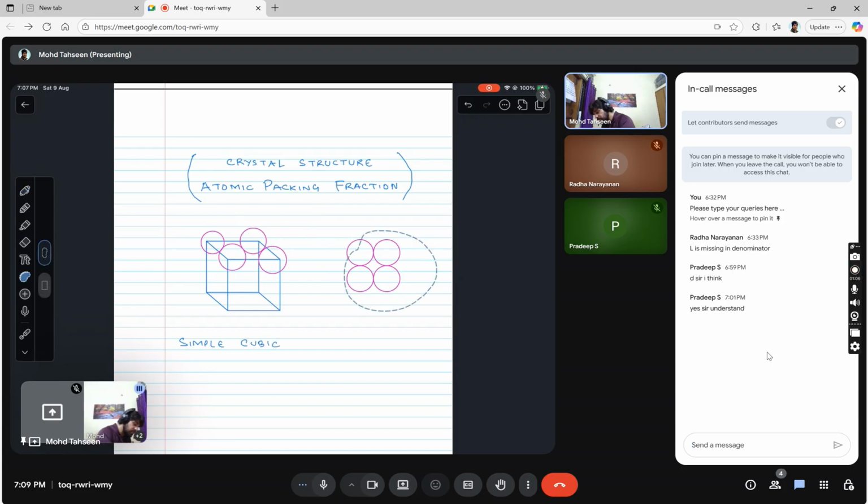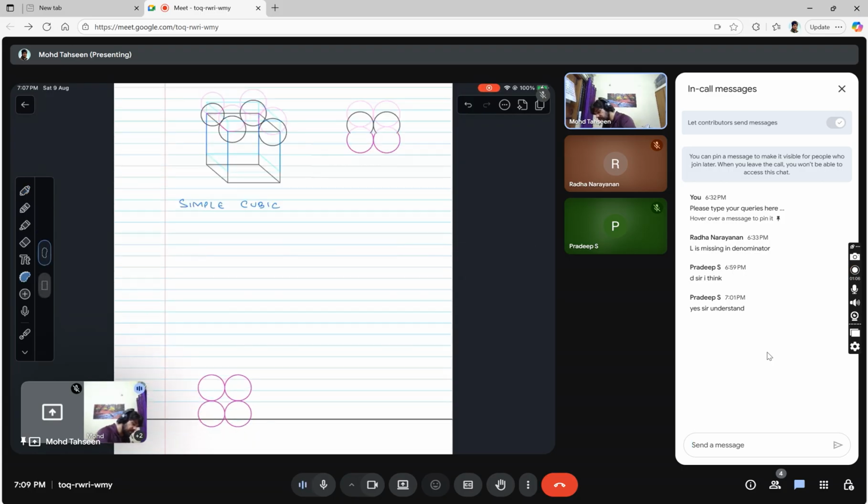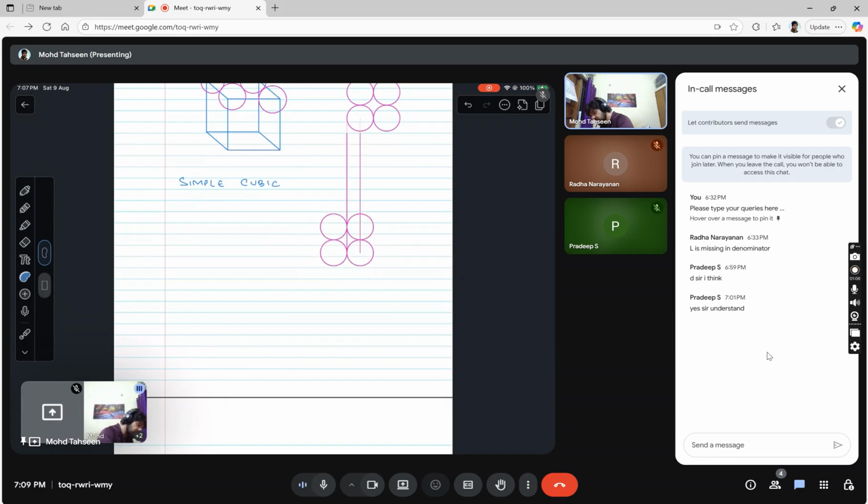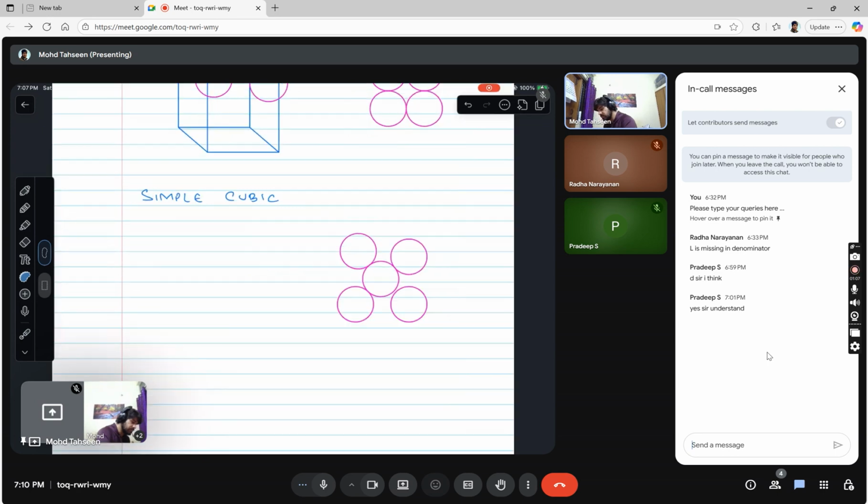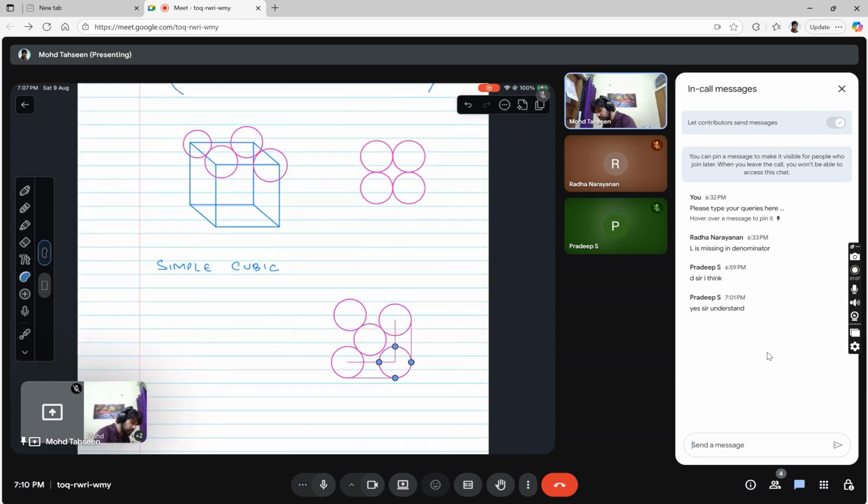There is another type of packing which is called face centered cubic, FCC. In that, the top face, which was looking like that, now looks like this, right?